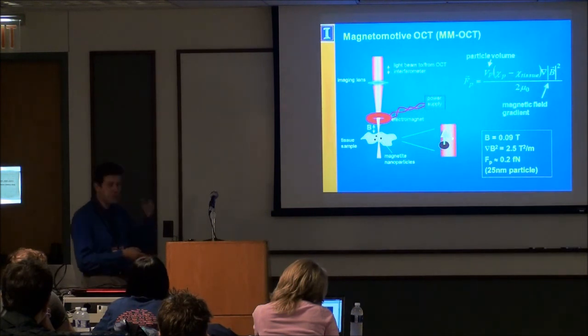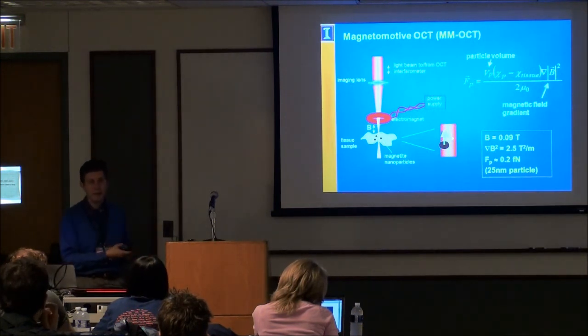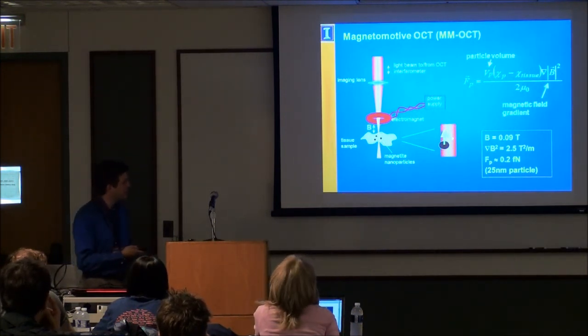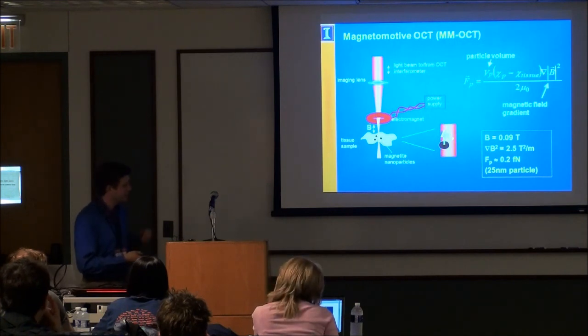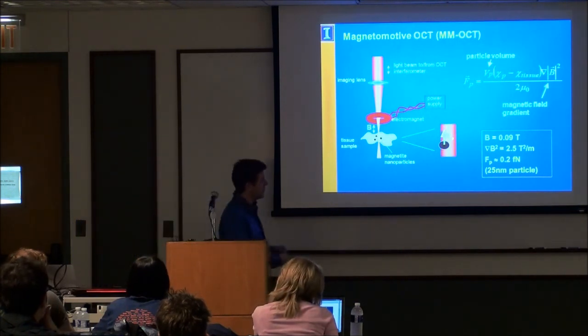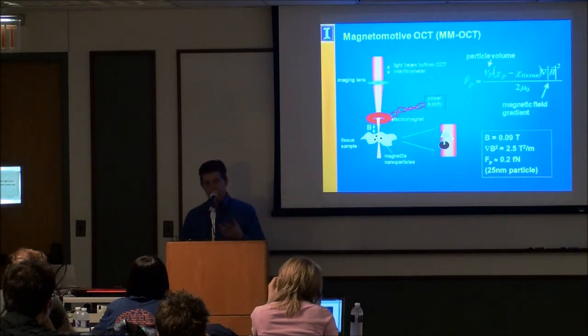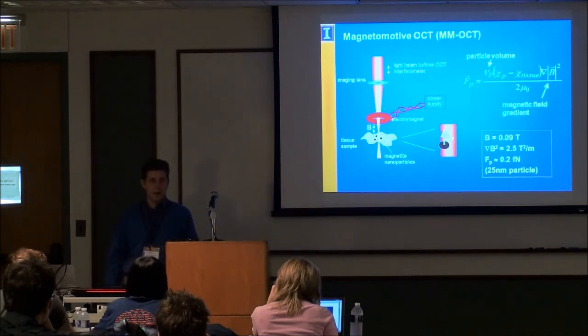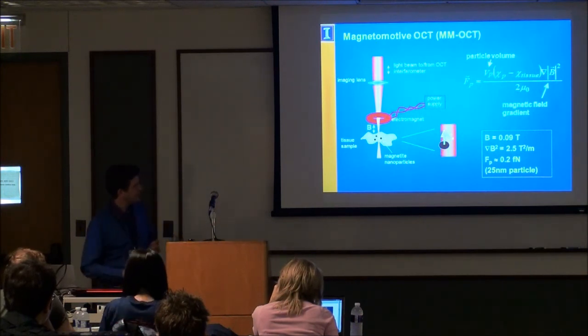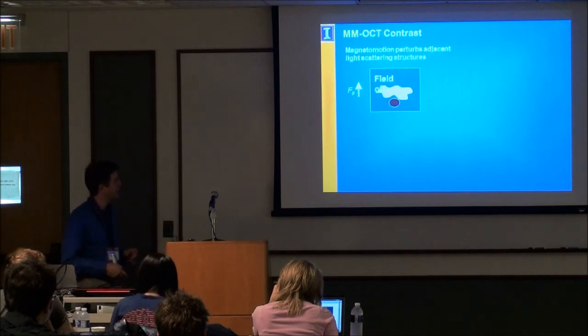And this is enough to cause it to modulate depending on the environment the particle is located in. Just to give you a frame of reference, the static fields in MRI systems are 1.5 or 3.0 Tesla, so many orders of magnitude larger than what we exert for this technique.